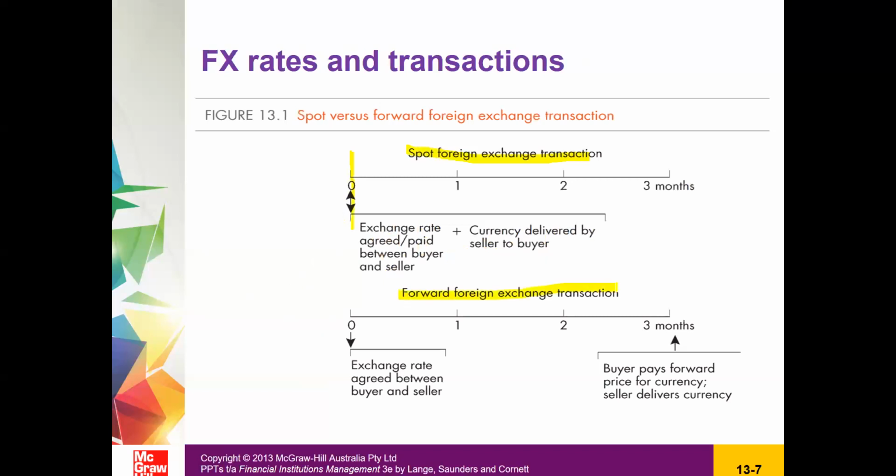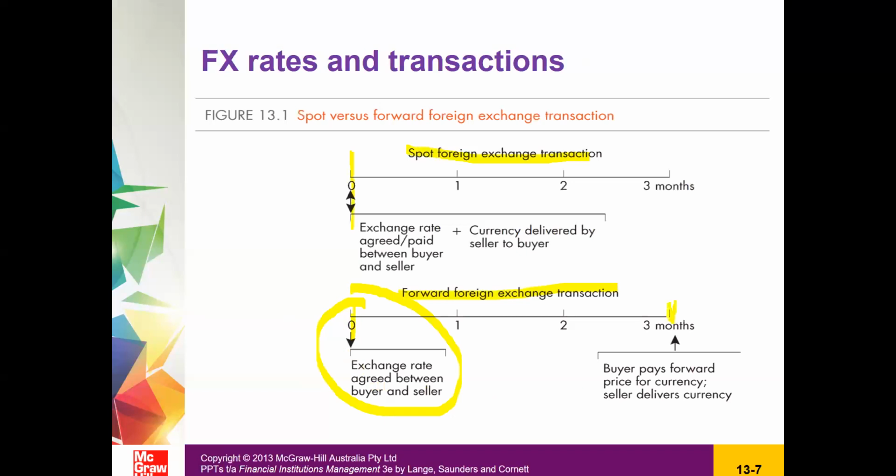On the other hand, in a forward exchange transaction, the exchange rate is set or agreed at time 0. For example, here the exchange rate is agreed between buyer and seller. However, the payment and the currency delivery will occur at some future date.